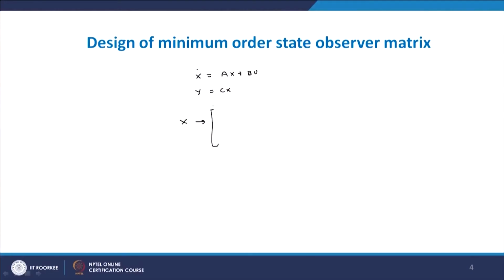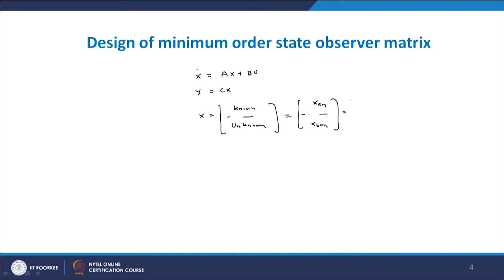Therefore, we write this x as involving known state and also unknown state. This can be represented as x known and x unknown. That means, the state vector has been divided into two parts, known and unknown.